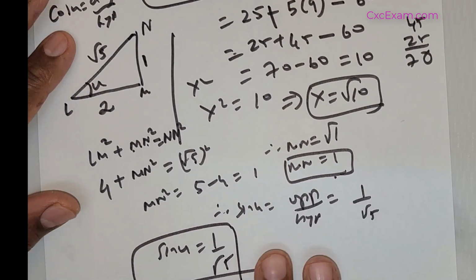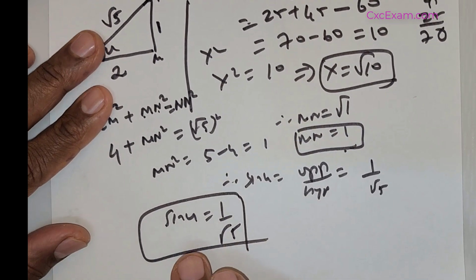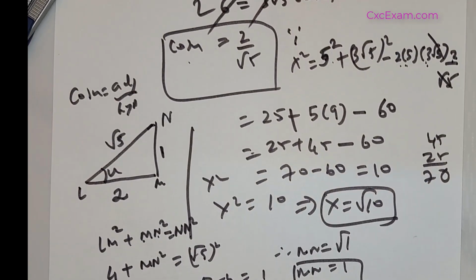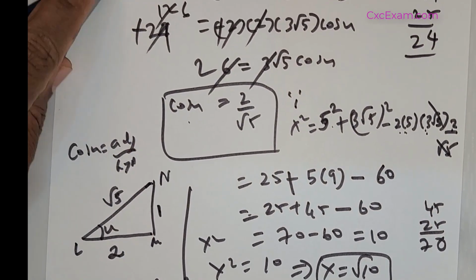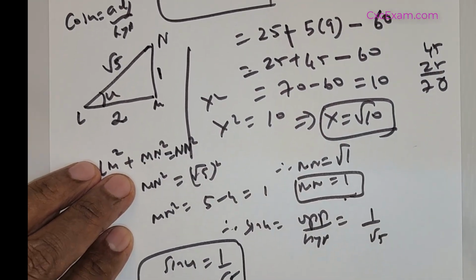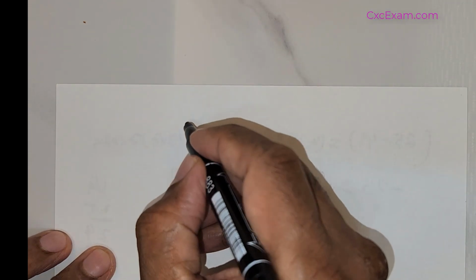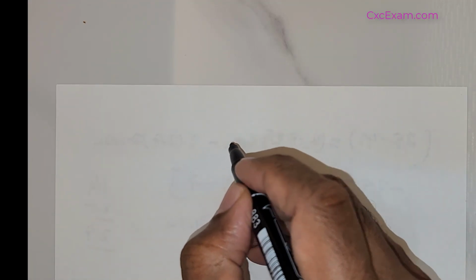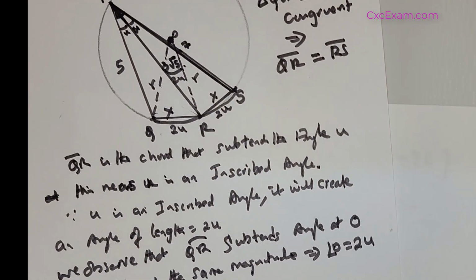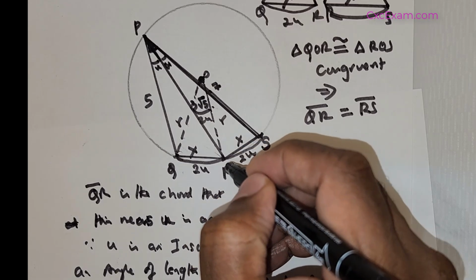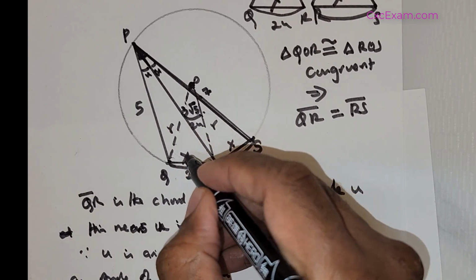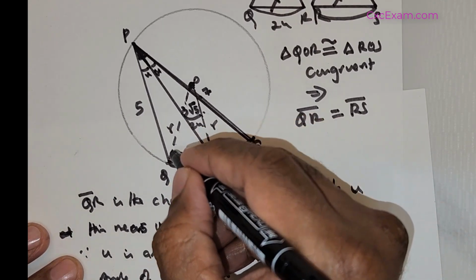Now we don't have to extract the angle u, we can just utilize it as it is. Now the all important part here is to connect the sine rule with the radius of the circle. Now if you were to see here, this x is already obtained, right?